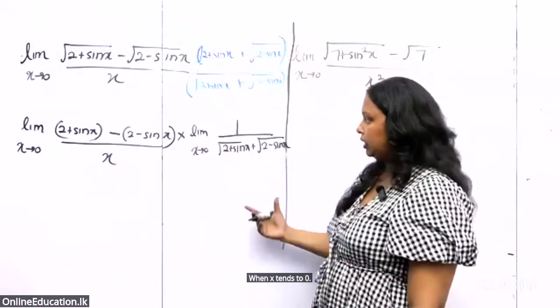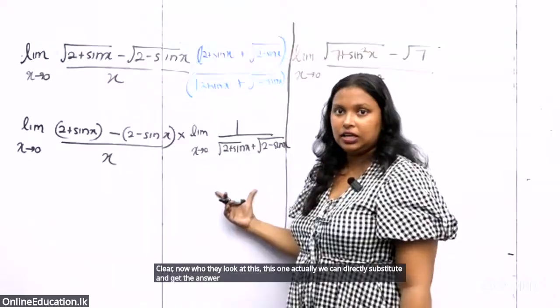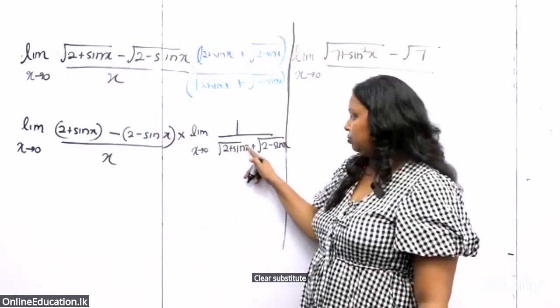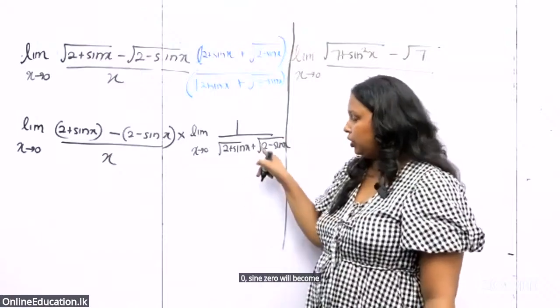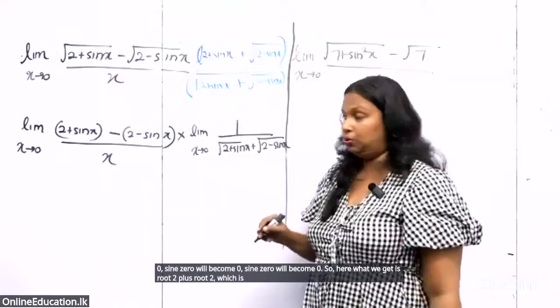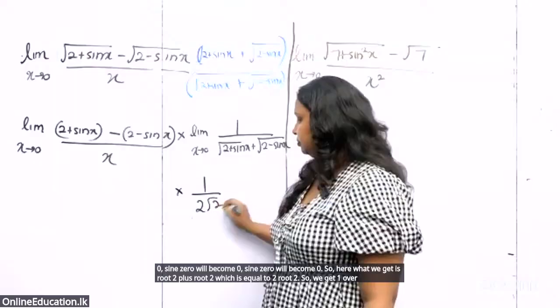Clear? Now look at this. This one actually we can directly substitute and get the answer from this. Clear? Substitute 0. Sin 0 will become 0, sin 0 will become 0. So here what we get is root 2 plus root 2, which is equal to 2 root 2. So we get 1 over 2 root 2 here.